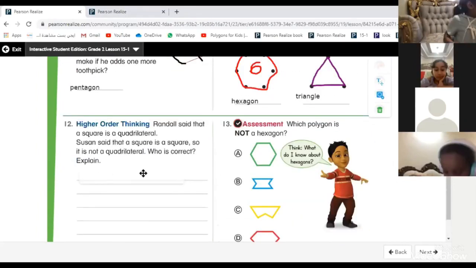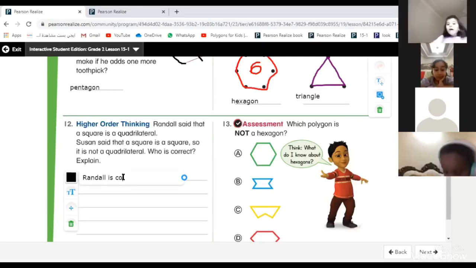Randall or Susan? You're right. Randall is correct. Why? Because a square has 4 sides. It is what? Quadrilateral.